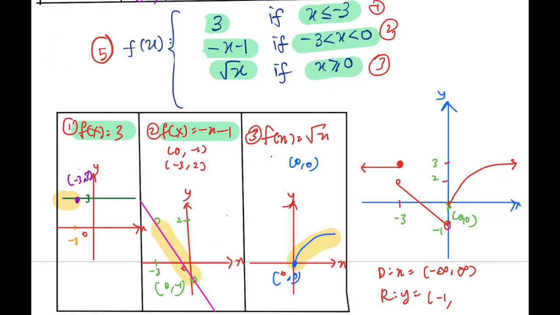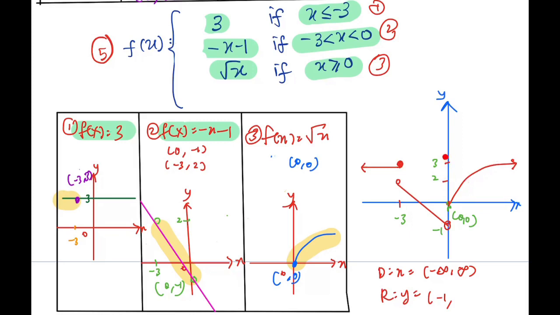So let's find the range. Starting from down here, you don't have anything. And then let's start with minus 1. So minus 1 is not included. Let's go up. Okay, so continue going up. This is a hole, this is a line, so you can still go on. So this one has been covering for this.